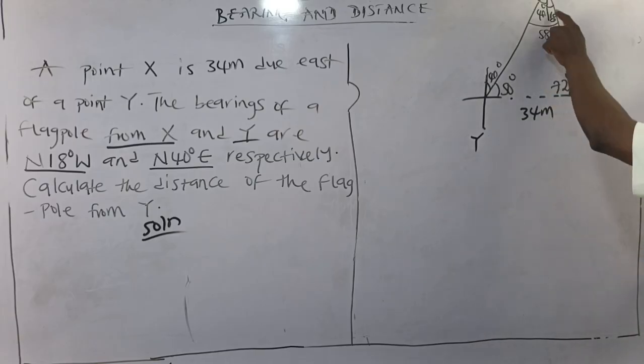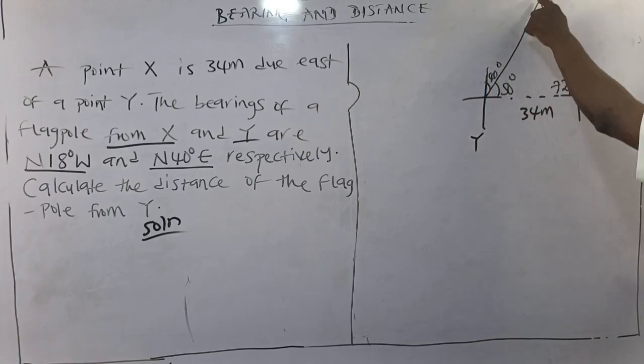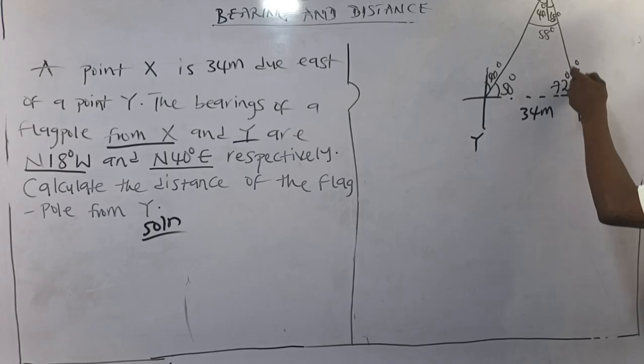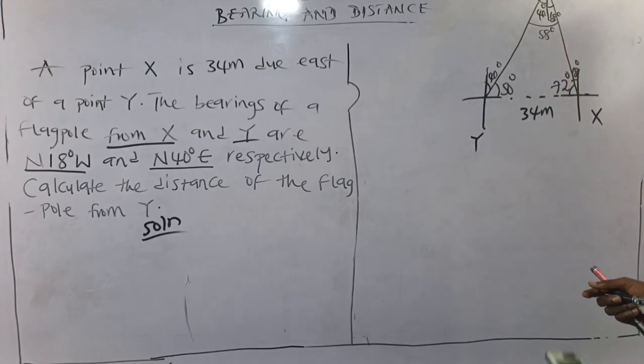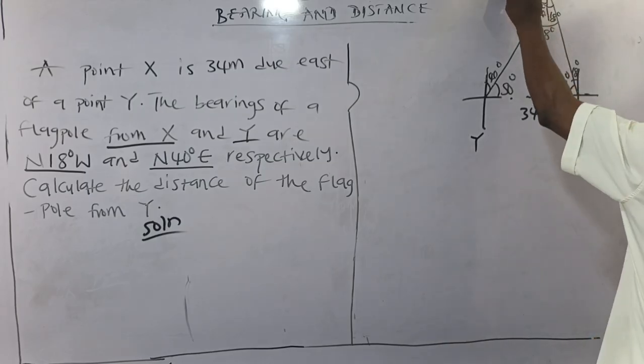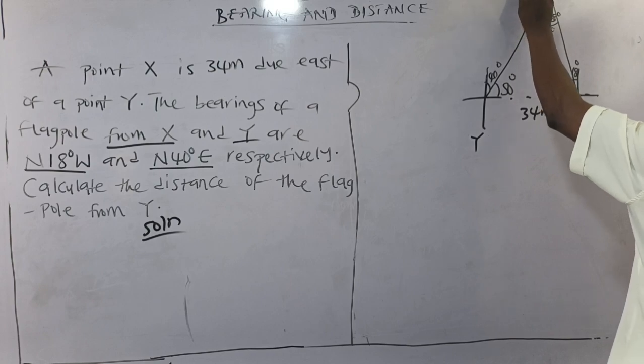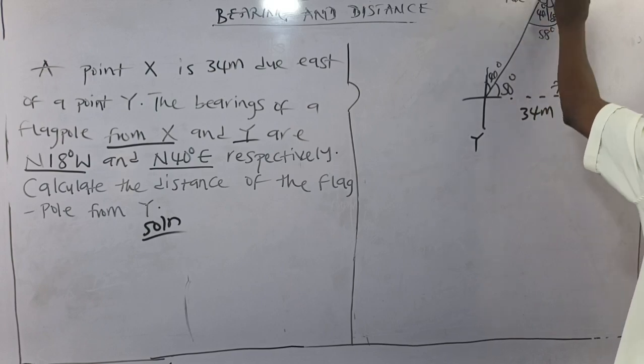So you see how we got this total angle. We use alternate angle from this side to get this, and from this side to get this. Now we are asked to look for the distance of the flagpole from Y. Remember, here becomes the flagpole, which I can take as F.